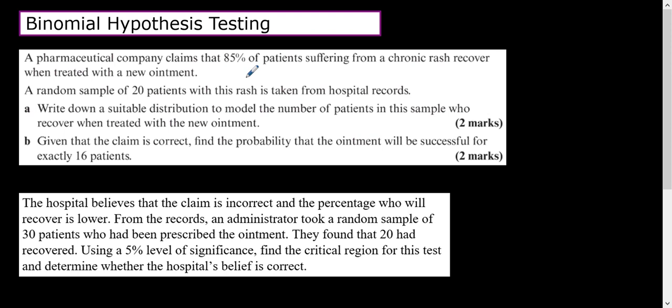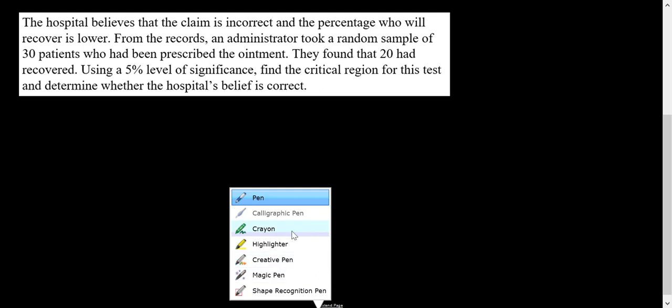So we've got some interesting language going on here. We've got a 5% level of significance. Now, this is something that you will see in every question that you do, and you will typically work with 5% levels of significance, 1% levels of significance, or 10% levels of significance. Okay, they tend to be the most common ones that we'll see. Now, what does it mean by a 5% level of significance?